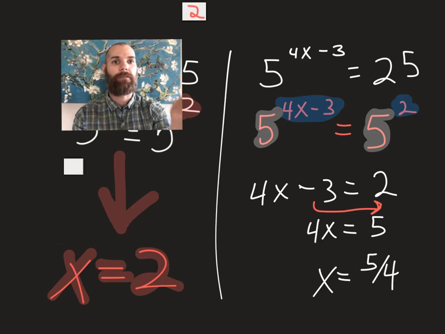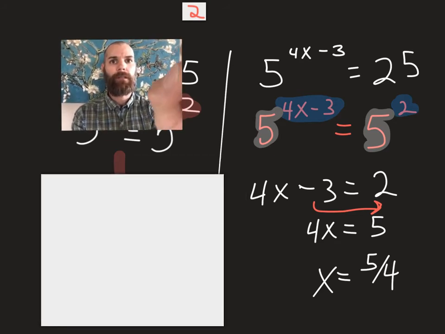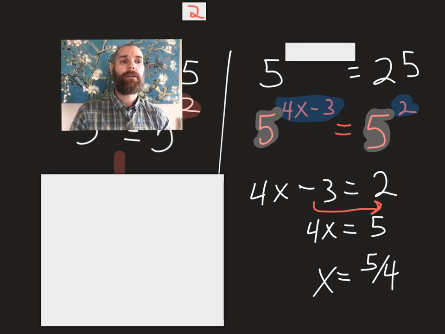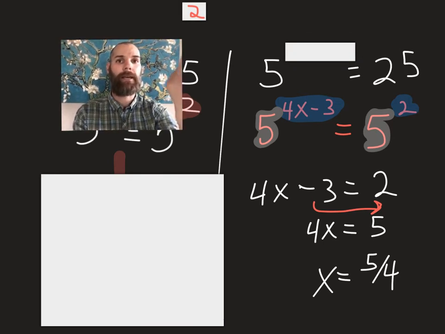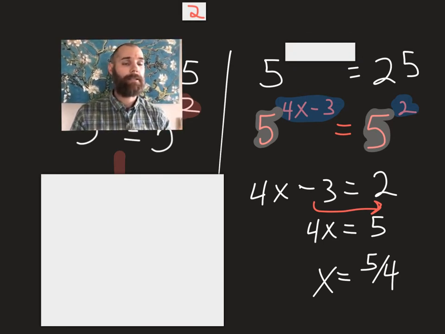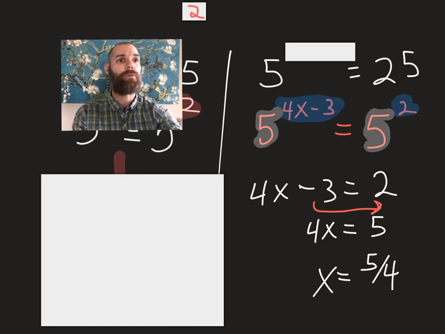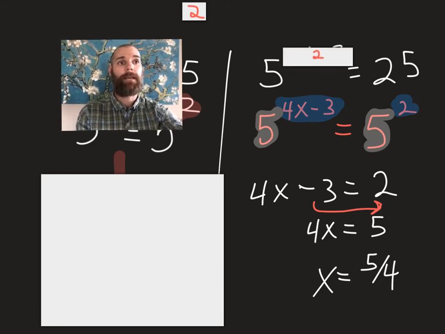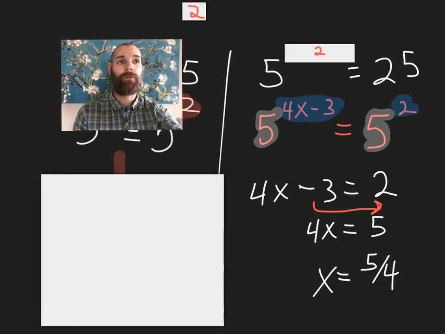Let's go ahead and give myself some more room here. Okay, maybe to say, well, let's go ahead and cover up that difficult looking exponent. And now let's think, 5 raised to what power would be 25? Well, 5 raised to the second would be 25. So I replaced that exponent of 4x minus 3 with 2. And when I replace that difficult looking exponent with 2, I get a true statement.